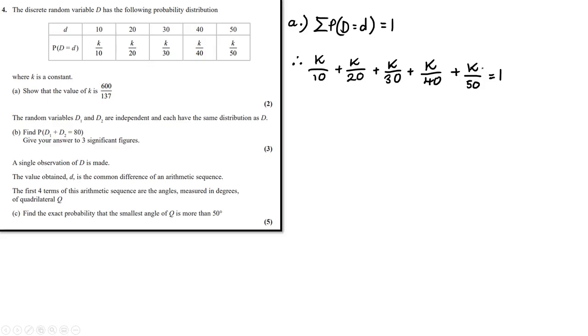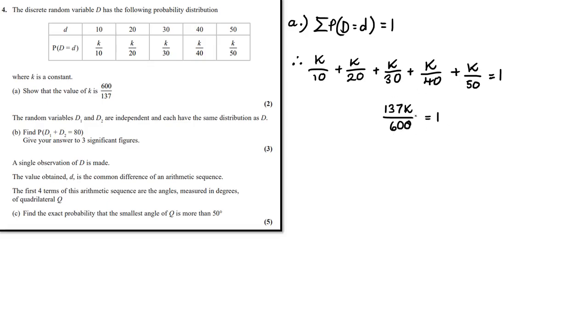What I need to do then is just simplify the left hand side and then solve for k. If you simplify the left hand side, whether by hand or using a calculator, what you get is 137k over 600. So the left hand side is equal to 1.